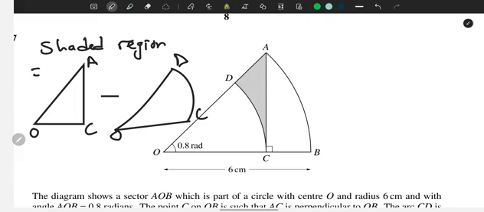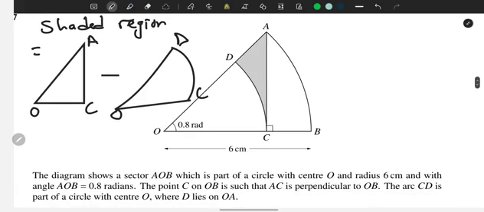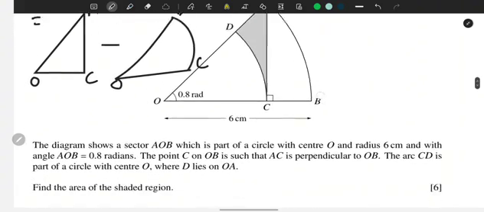Now we've seen how we are going to obtain the shaded region. What you now need to do is to find the area of the triangle and the area of the sector. So let's start with the area of the triangle.